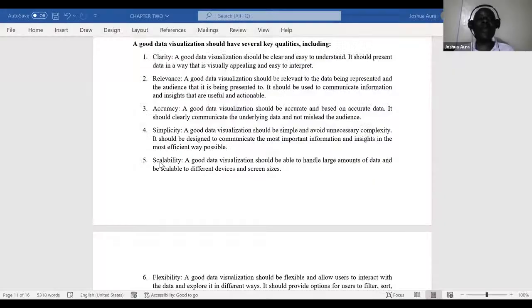Great. Then we have scalability. A good data visualization should be able to handle large amounts of data and be scalable to different devices and screens. Ladies and gentlemen, this goes without saying, but data visualizations are on a computer device, and you can increase their size.